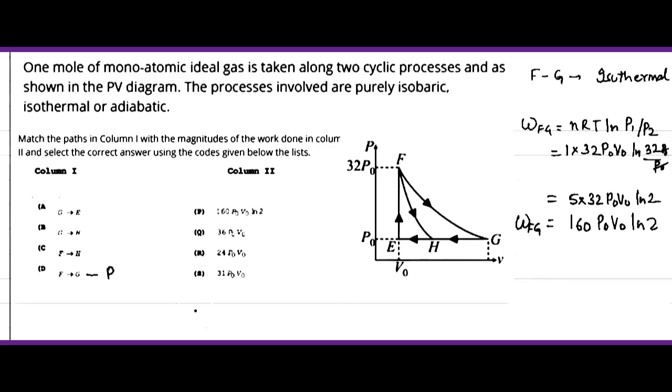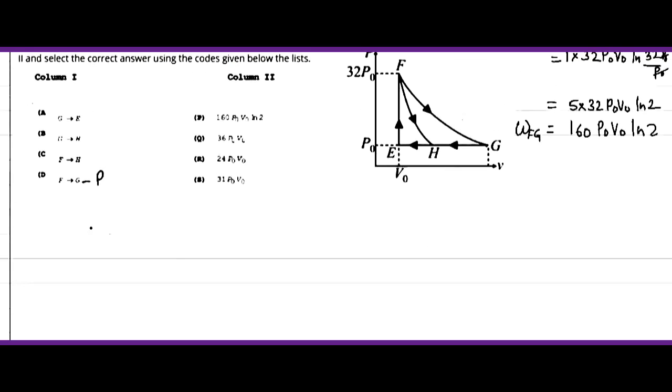So let's find out the work done in the process G to E. This is an isobaric process, where the pressure is constant and the volume is decreasing, so we can simply find P dV.